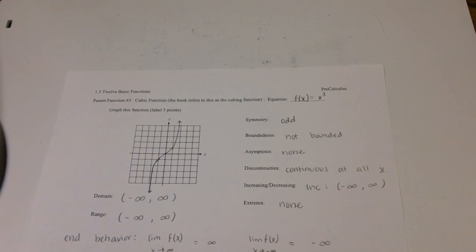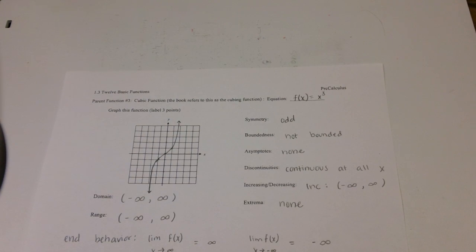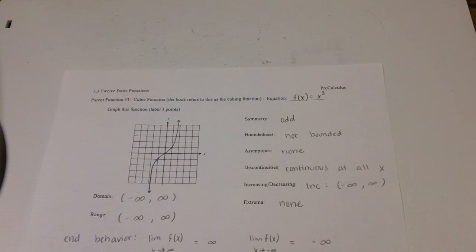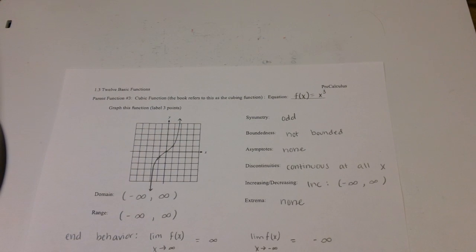For the cubic function, the equation is f of x equals x to the third, and that's the graph. And we found the symmetry to be odd because f of negative x equals negative f of x, and it isn't bounded, and it doesn't have any asymptotes, and it's continuous at all x because it doesn't have any asymptotes or holes.